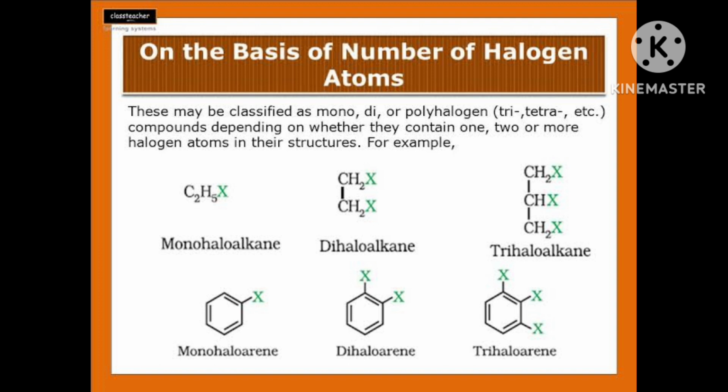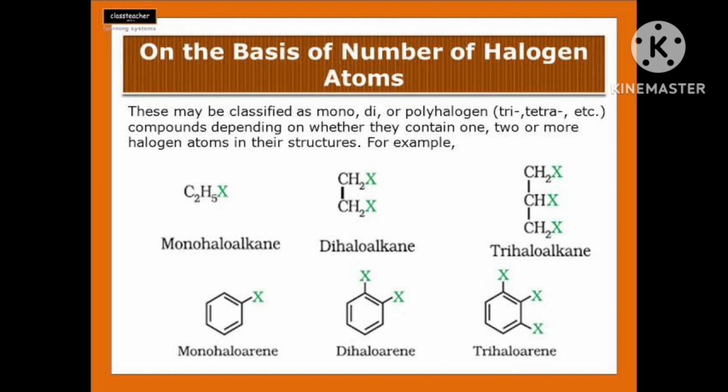When 1 hydrogen is replaced by 1 X on benzene, it will be called monohaloarene. Mono means 1, halo means halogen. Halogen means X may be fluoride, chloride, bromide, iodide. Arene is for benzene.